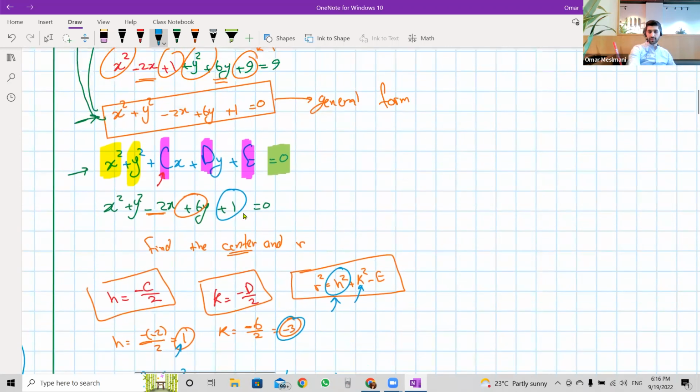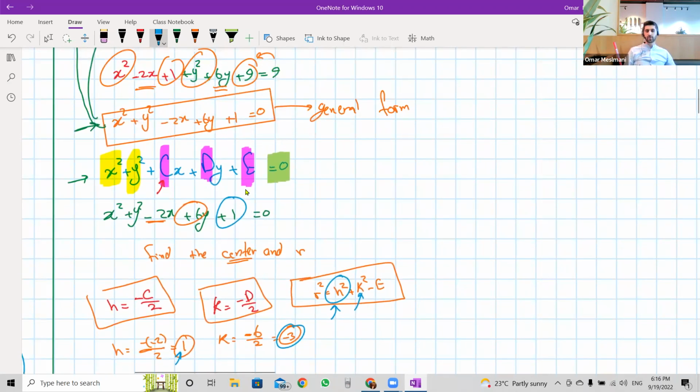But before you apply the formulas, you have to make sure that your equation is in the general form. That's the general form. One more time: to use the general form, the x squared and y squared have to be with no coefficients.